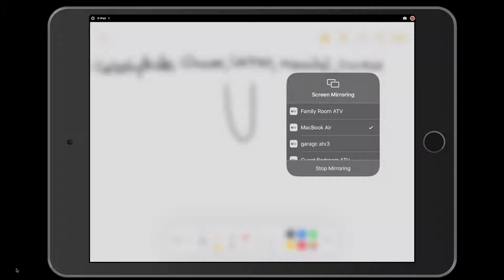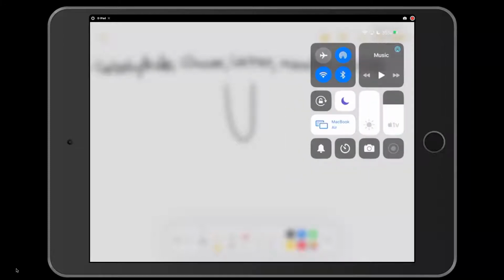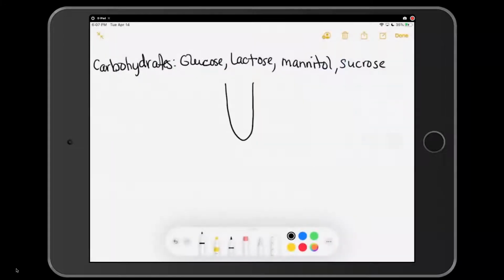So let's take a closer look at what this looks like. The carbohydrates that I'm using for today's lab are glucose, lactose, mannitol, and sucrose. Now I start off with my media being red, right? Why is it red? It is red because we use a pH indicator called phenol red.